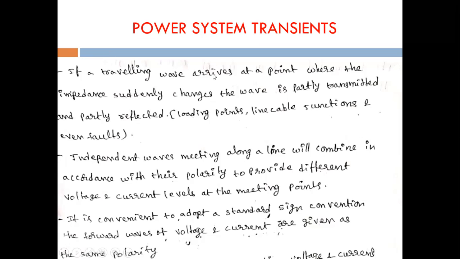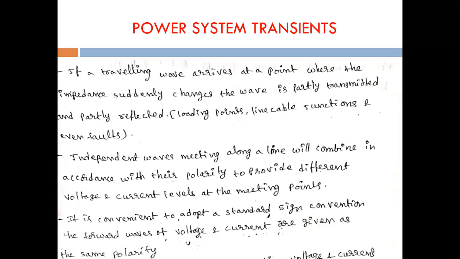Suppose at a particular point a traveling wave is developed. Due to that traveling wave, some part of the waveform is partially transmitted and some part is partially reflected. The transmitted waveform travels into the other impedance line.